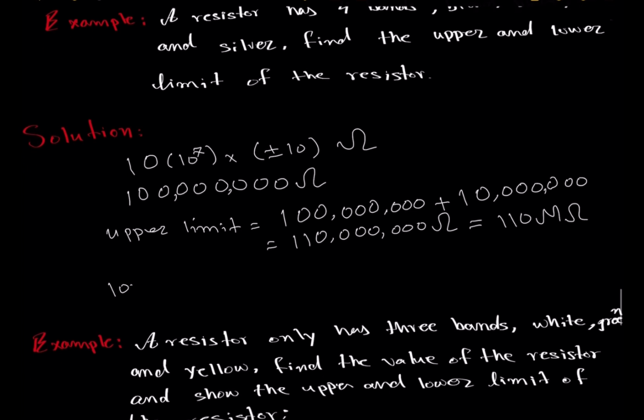Now the lower limit will be 100 million times negative 10%. So take this value out of there, it will be 100 minus 10 million actually.